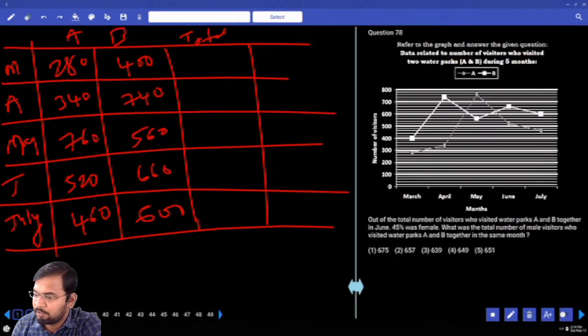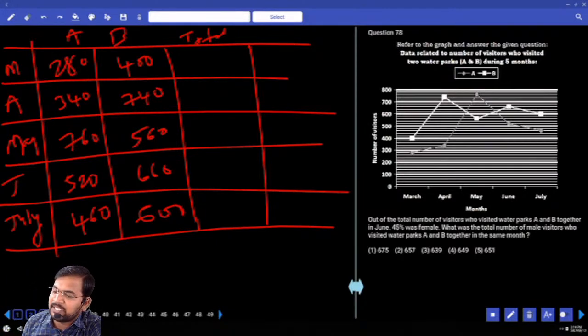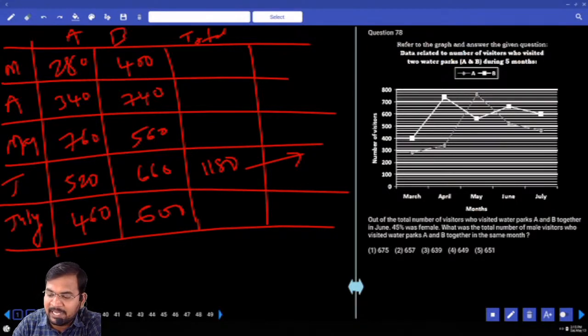Next question. Out of the total number of visitors who visited water parks A and B together in June, 45% were female. June total is 1180. Out of this, 55% and 45%. 50% is 590. 5% is 59.